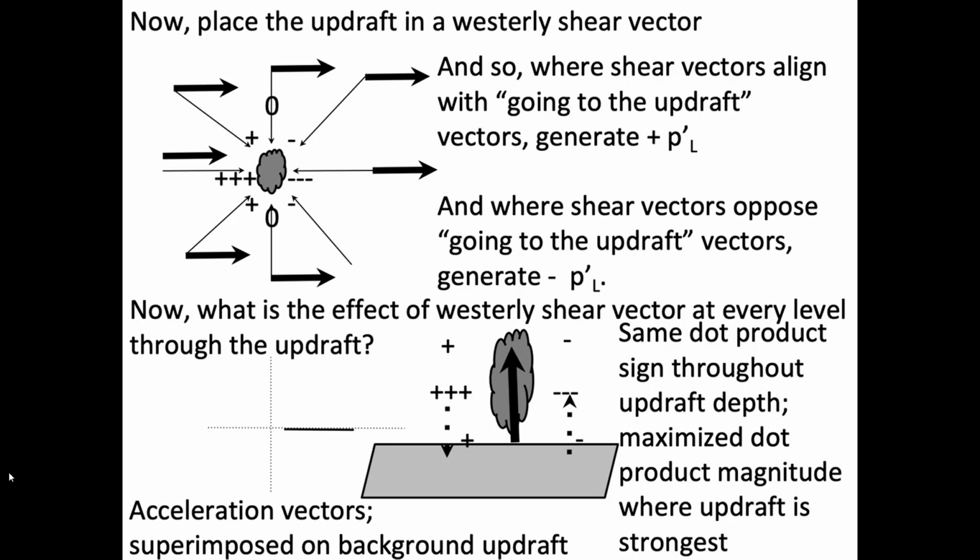And so where we have the maximum mid-level positive linear perturbation pressure, where it accumulates in the mid-levels of the atmosphere compared to lower positive values near the ground, that drives a downward directed linear perturbation pressure gradient force. Whereas down shear, where we have the buildup of negative linear perturbation pressure in the mid-levels of the atmosphere, that's going to be more negative in the mid-levels than it is near the ground, so the perturbation pressure gradient force from linear effects is directed upward towards the lower perturbation pressure.